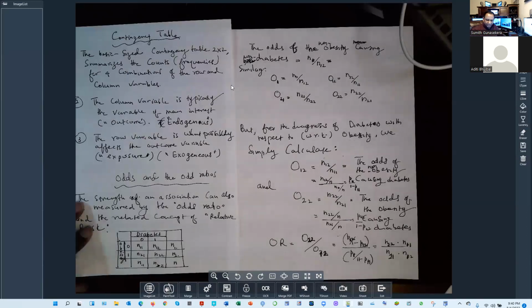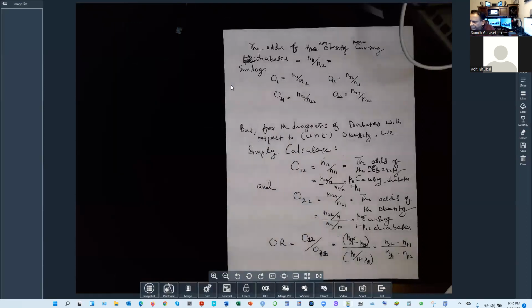Okay, so I'm going to write here the probability of occurrence, the occurrence of an event. The event I'm going to call E. And the non-occurrence.